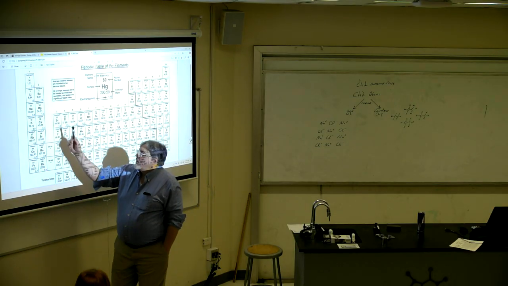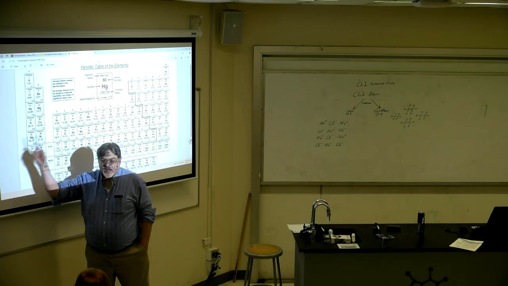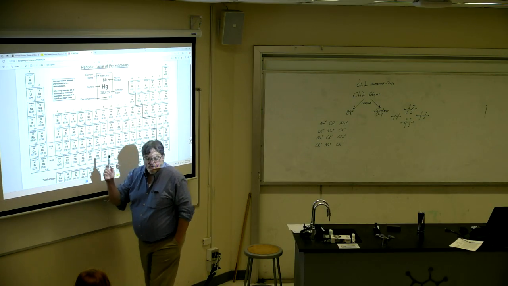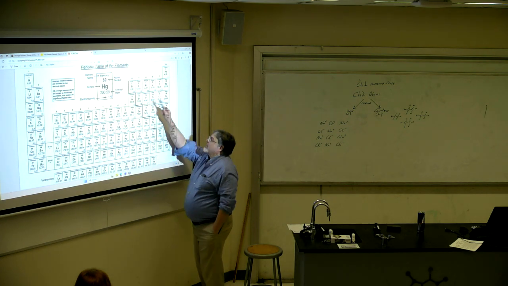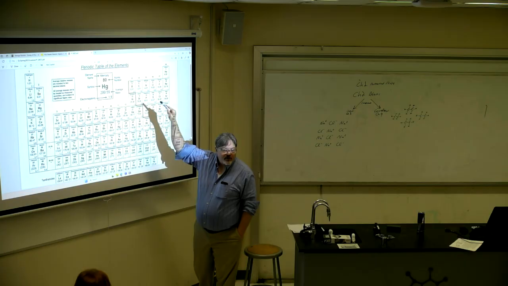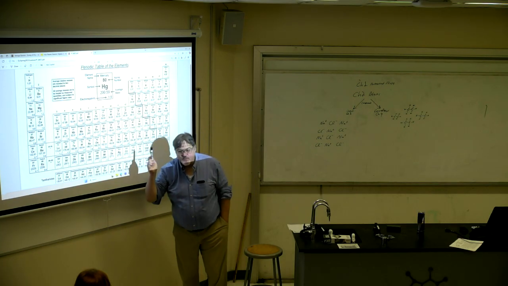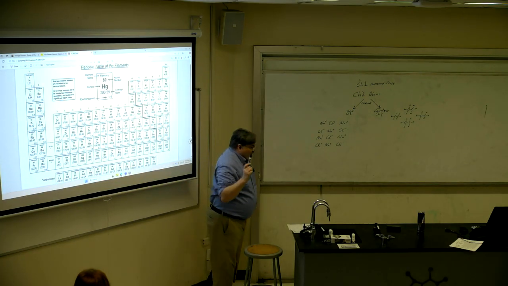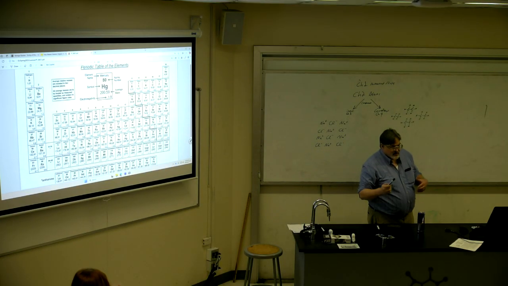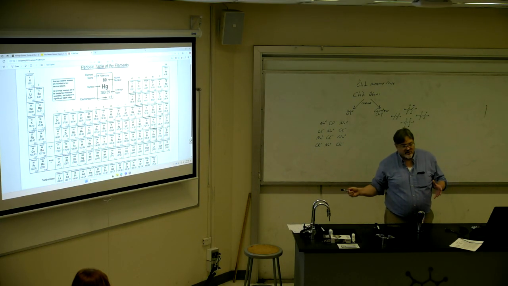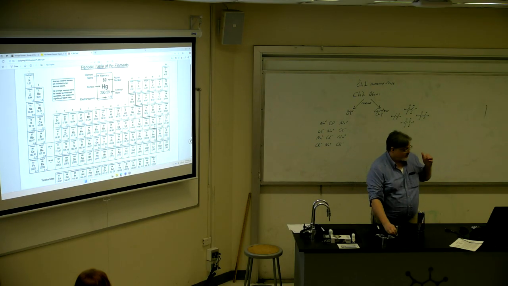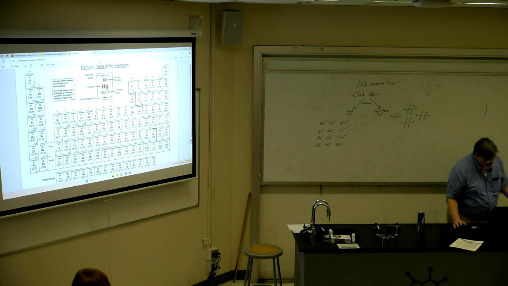So the thing about sizes in ions is actually very simple. Metals lose electrons, so they end up smaller than their neutral atoms. But non-metals gain electrons, so they end up a little bit bigger than their neutral atoms. Is that simple? Metal ions are smaller than their neutral form. Non-metal ions are slightly larger than their neutral form. Is that simple?